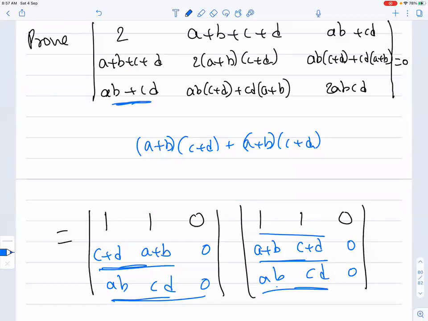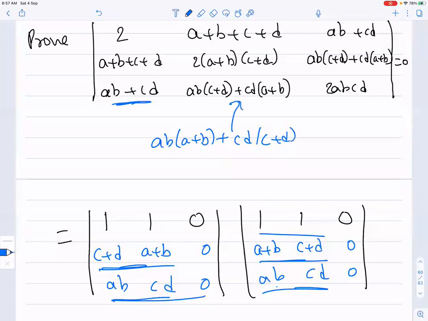But this into this is giving us what? Multiply them: ab into (a plus b) plus cd into (c plus d). Is it what we have here, students? No, sir. Reverse is there. Correct? So let us reverse here also: cd, ab. Now let's check. Is it working? Yes, it's working.